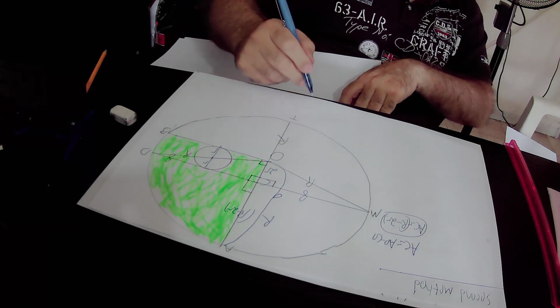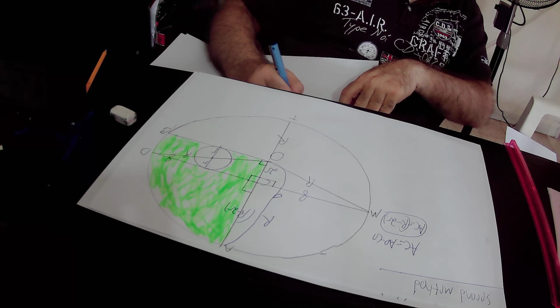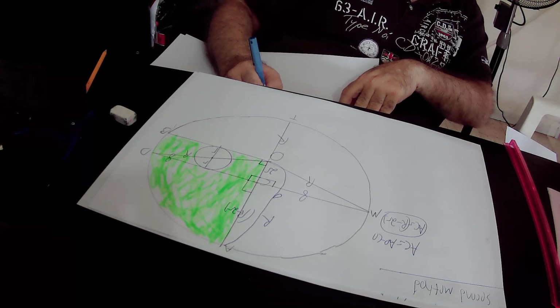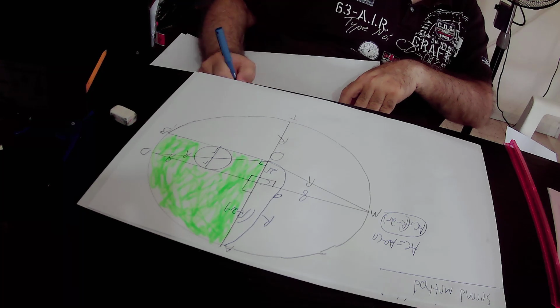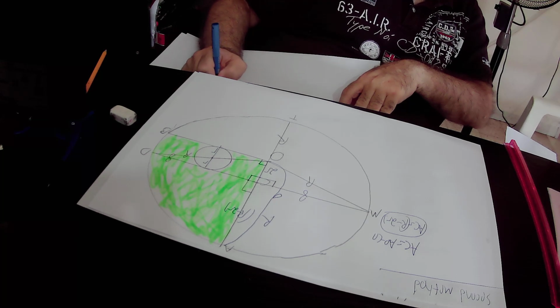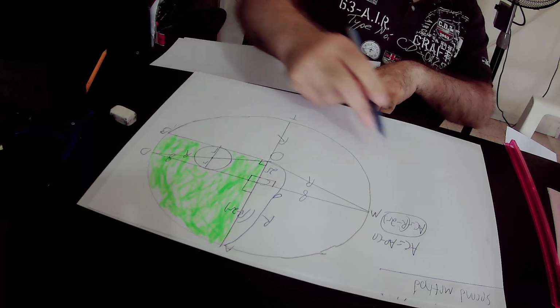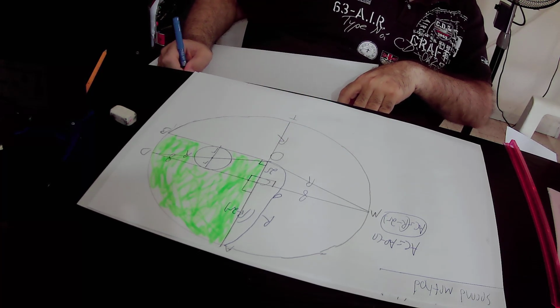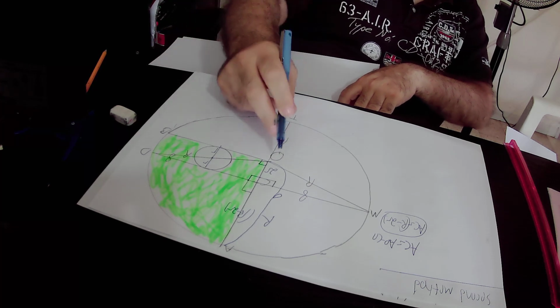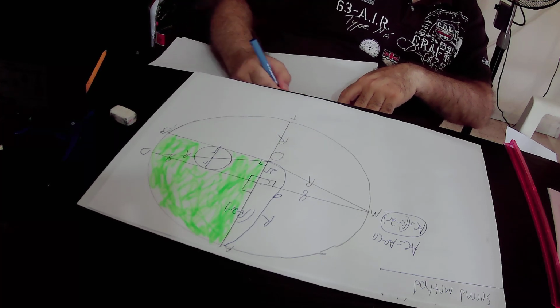Chord AT intersects with chord MD at point C. Point C is the intersection point.